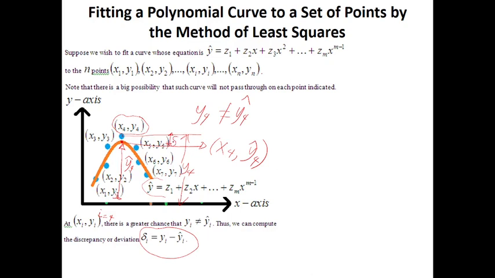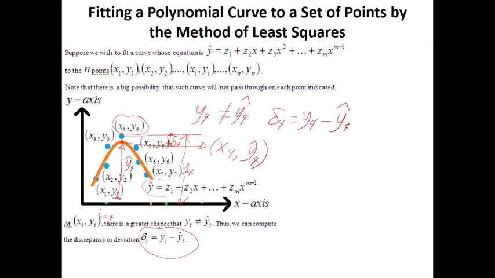This is delta sub 4, and delta sub 4 is simply y sub 4 minus y sub 4 hat.